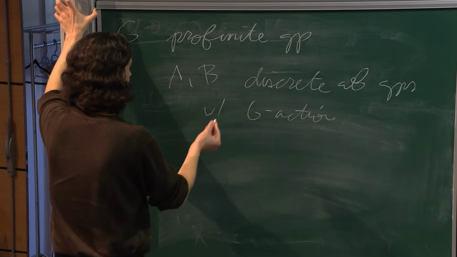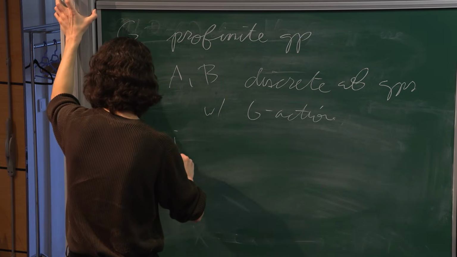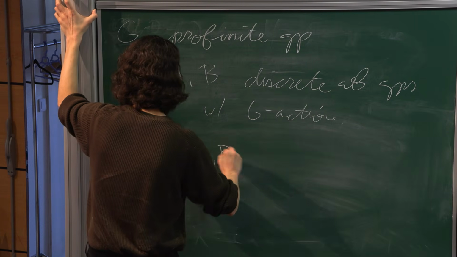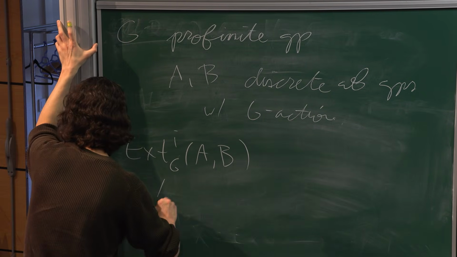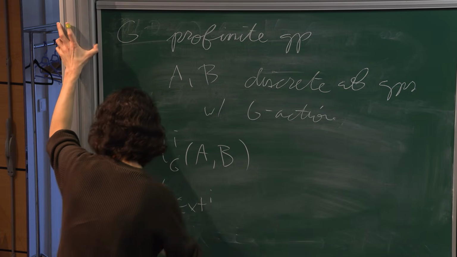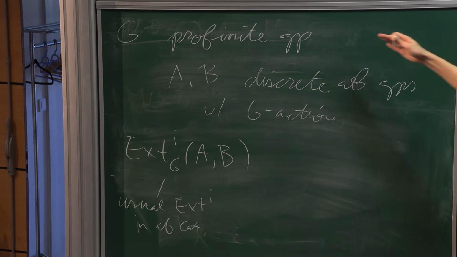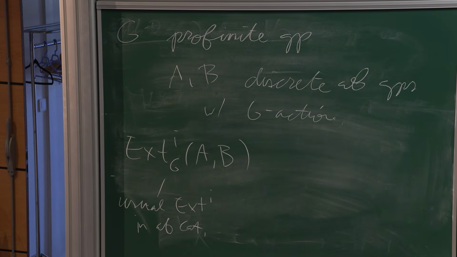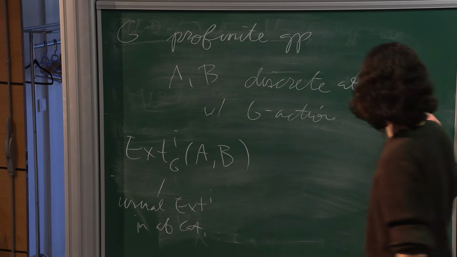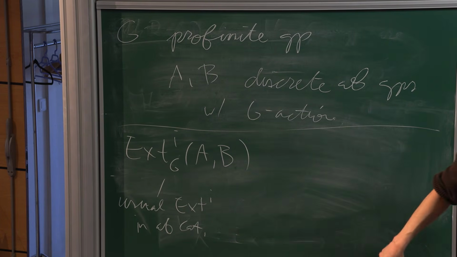Now, there's two different things you can mean by the Ext groups. So this can either be the usual Ext^i in the abelian category. So these guys form an abelian category. It's also just sheaves on the Galois category associated to G. And you have the usual Ext^i in that abelian category as calculated by injective resolutions.